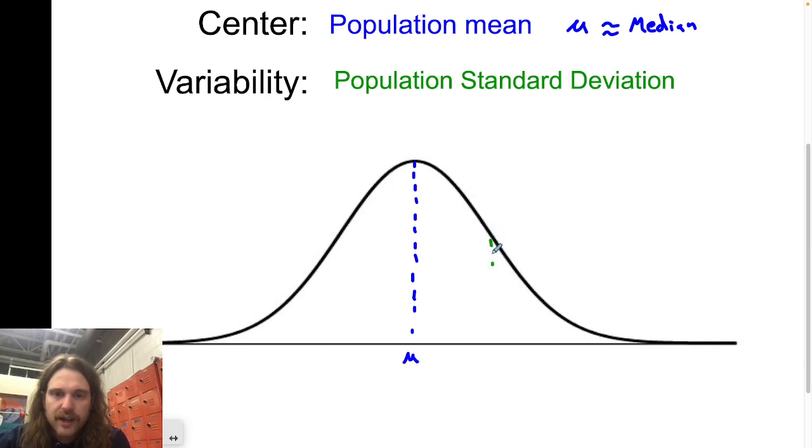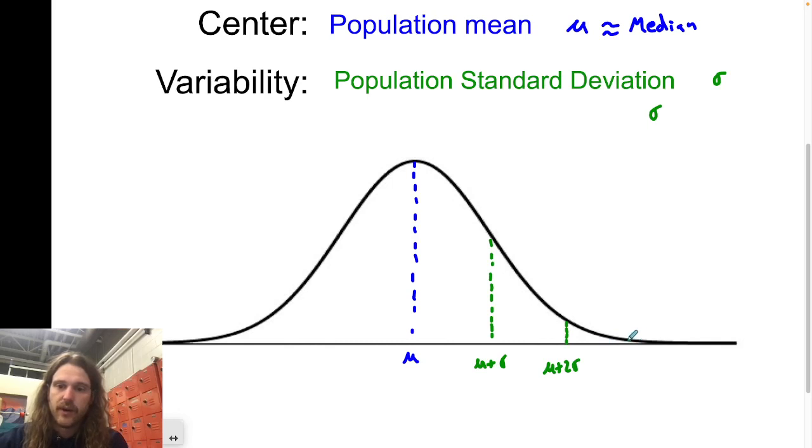So we can draw a dashed line down. The population standard deviation looks like an R with a loop, so you can practice writing that like this. It's called sigma. Lowercase sigma is the population standard deviation. So this value here is equal to mu plus one standard deviation. If I take the width of this and go up one more time, this would be mu plus 2 standard deviations.